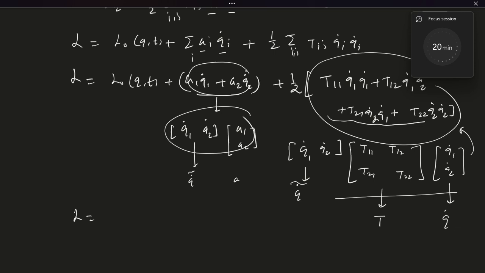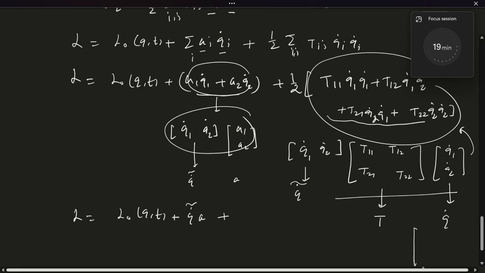So what is the L? L is equal to L0(q, t) plus q dot tilde A, where q dot is a matrix of q1 dot, q2 dot, since I'm talking about two generalized coordinates. When there are n generalized coordinates, then the q dot matrix will be q1 dot, q2 dot, q3 dot, up to qn dot.